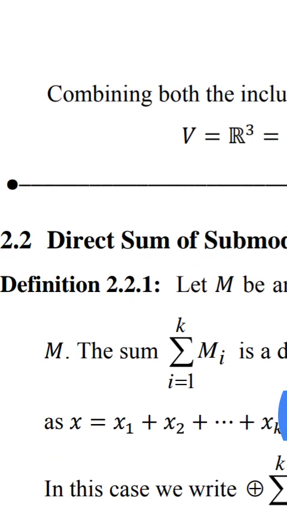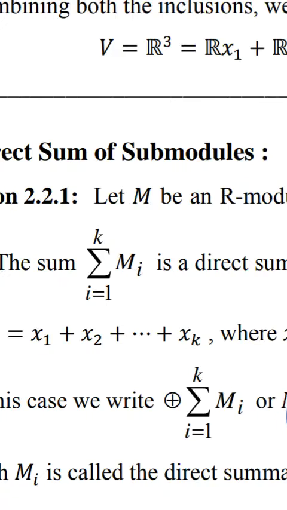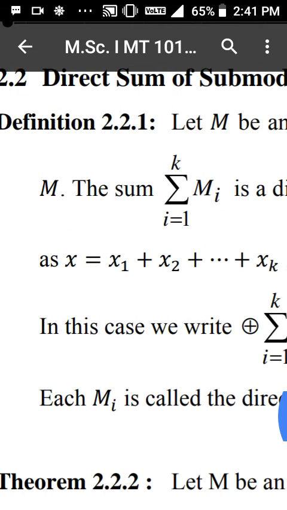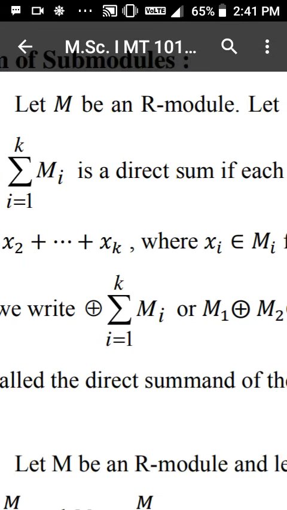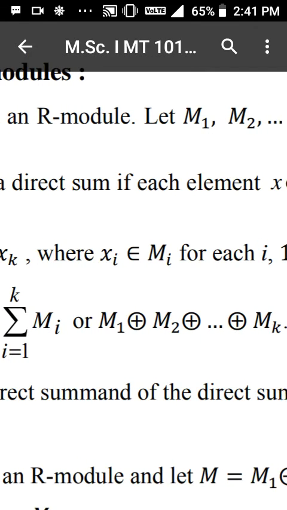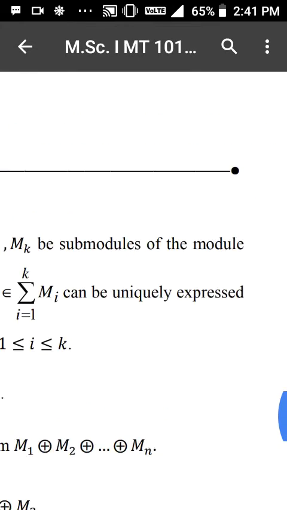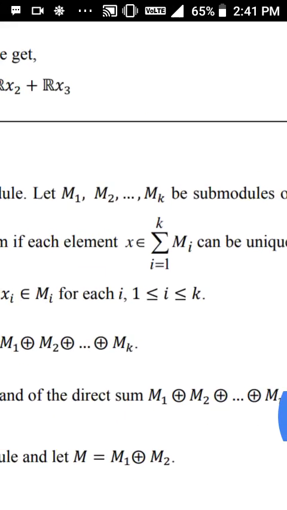Next one, direct sum of submodules. Definition: Let M be an R module. Let M1, M2, ..., Mk be submodules of the module.